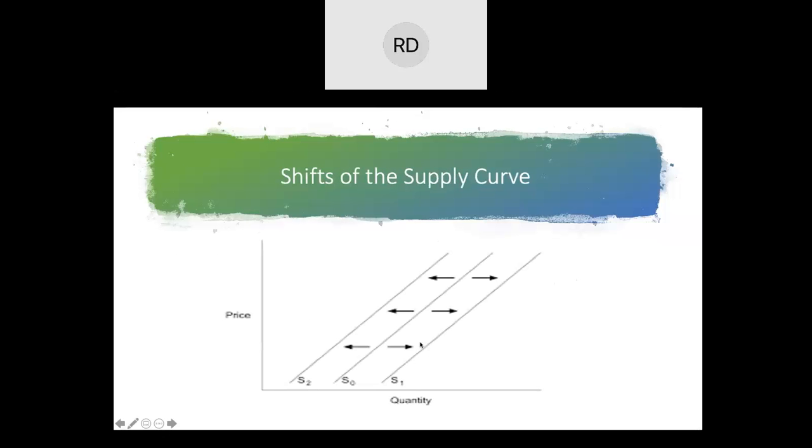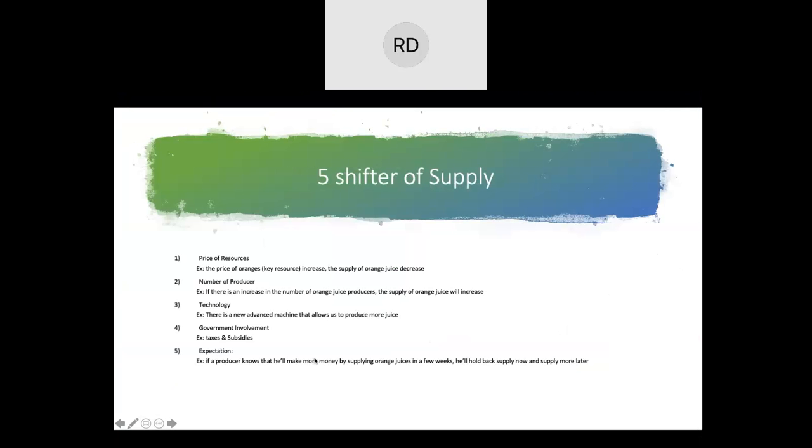In that case, we are initially here, and the price of our resources increases, so we cannot produce the same quantity. We cannot produce or supply the same quantity. We're going to supply less, so we will move the supply curve to the left side. And then we have the number of producers, which is another shifter.